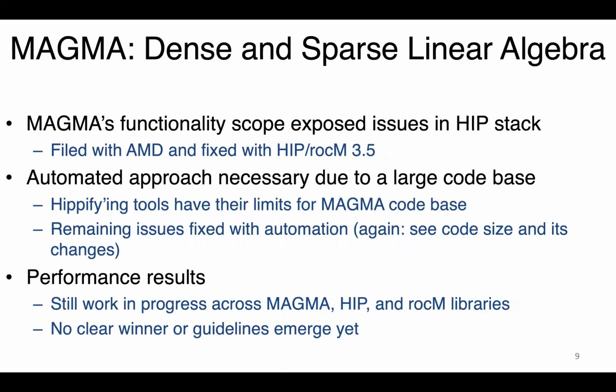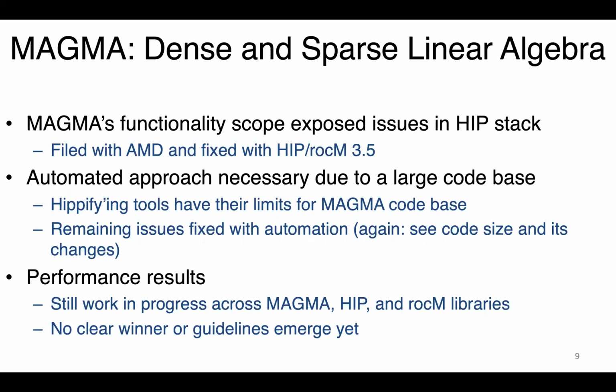And if you look at the functionality that is developed in MAGMA but is relevant on the accelerator side of the hardware stack, there's a lot of scope and a lot of algorithms that actually expose, over time, some problems in the vendor stacks.